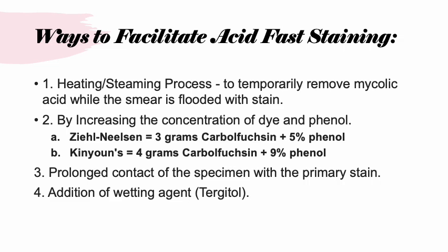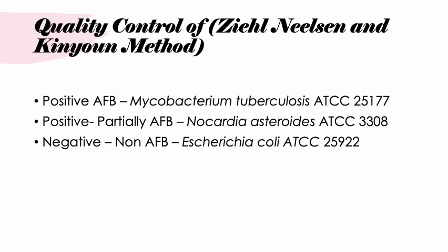Prolonged contact of the specimen with the primary stain facilitates acid-fast staining, and then a wetting agent, Tergitol, is added. Tergitol is a type of detergent which greatly accelerates the staining of the acid-fast organism and makes heating of the slides unnecessary.